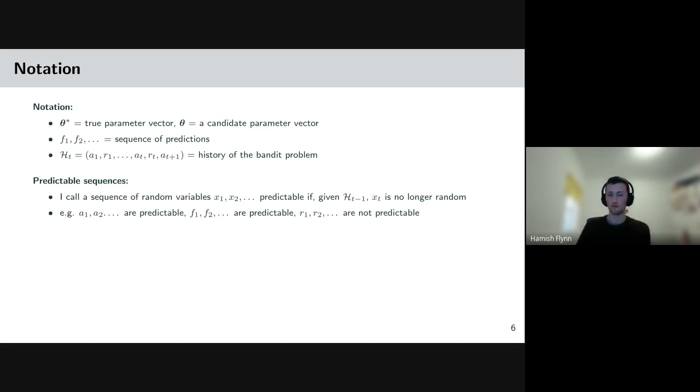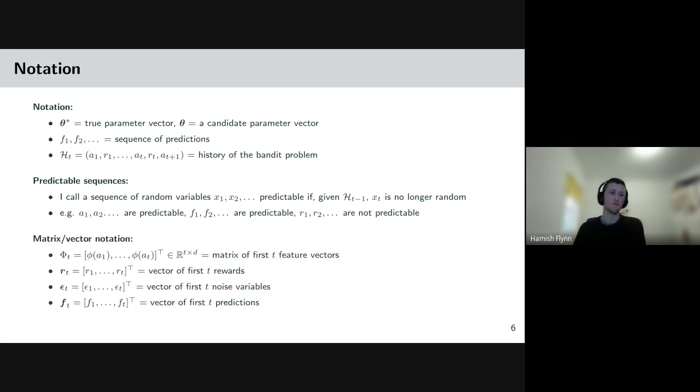For example, the sequence of actions is predictable, the sequence of predictions is predictable, but the sequence of rewards is not predictable. R_t conditioned on H_{t-1} is still random because it depends on the noise variable epsilon_t.